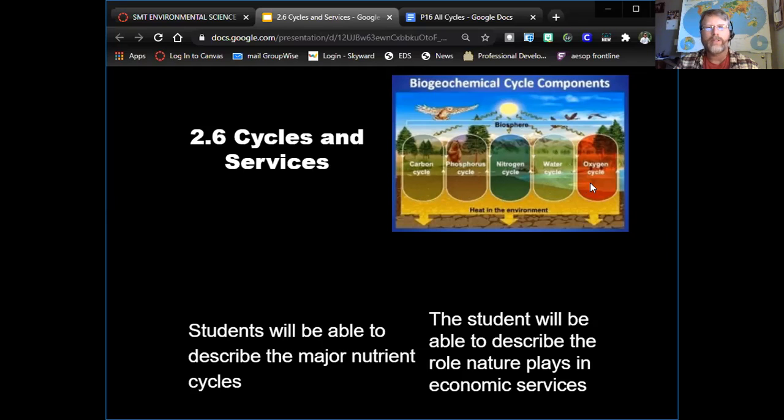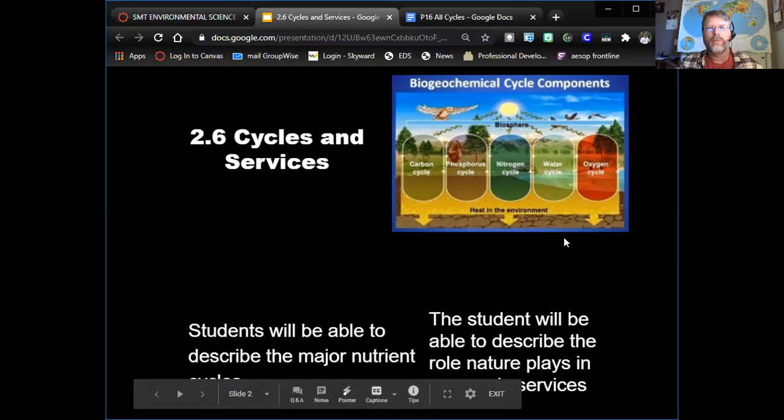I didn't spend very much time on the oxygen cycle because it tends to get very repetitive. The oxygen cycle has a lot to do with the carbon dioxide and nitrogen and water, so it's kind of all mixed together. Phosphorus, however, is unique, so that's why we spent some time on that one. Okay, so students will be able to describe the role nature plays in these services.